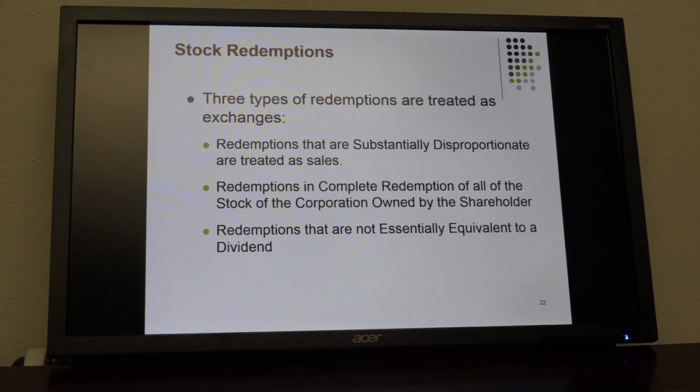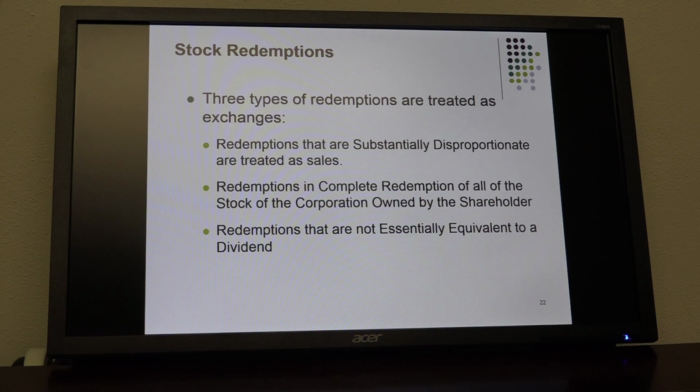If you own 60% of the corporation, after the redemption, how much at least must you own to meet the 50% and the 80% rule?